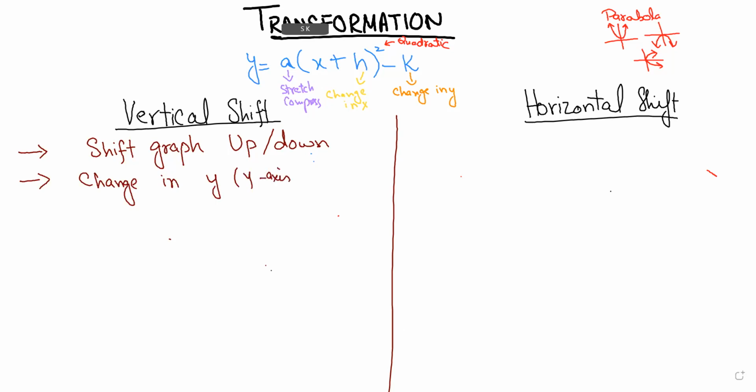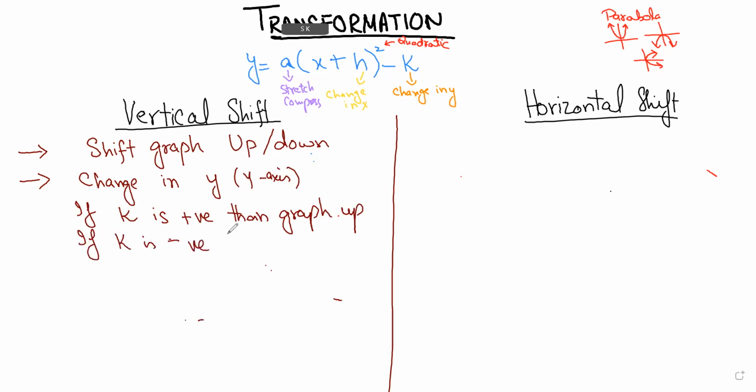If my k value is positive, then my graph will go up. But if my k value is negative, then my graph will go down.